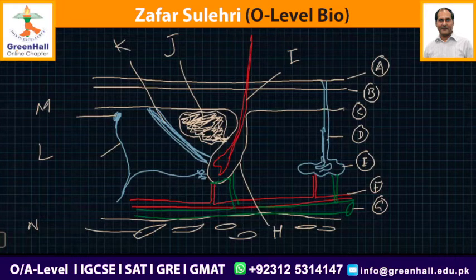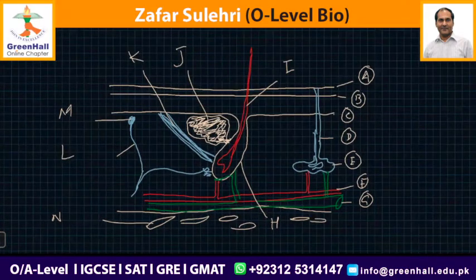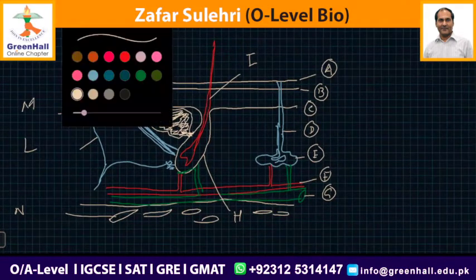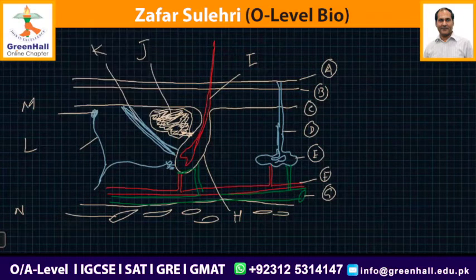Sir, A is cornified layer. Yes, cornified layer. That's correct. What is B?